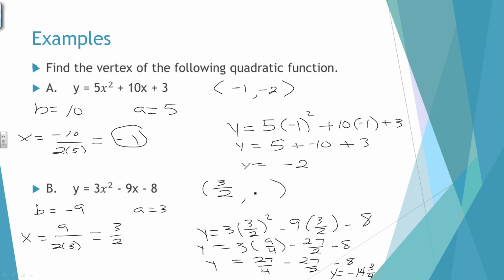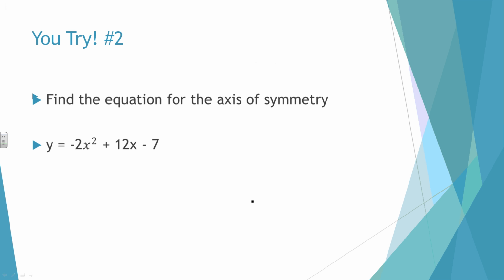So my y coordinate is negative 14 and 3/4. One of the harder problems you'll work with just because of the fractions, but a calculator will be helpful. Second and last you-try problem: complete it both in your notes and in the Google form below. Have a good day.